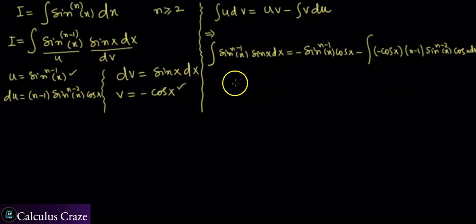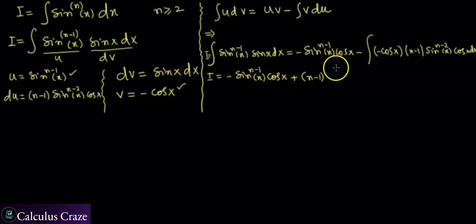So this is my integral I, which should be equal to minus sine power n minus 1 of x cos x, minus into minus is plus, and n minus 1 over here. Then I have sine power n minus 2 of x times cos square of x dx.